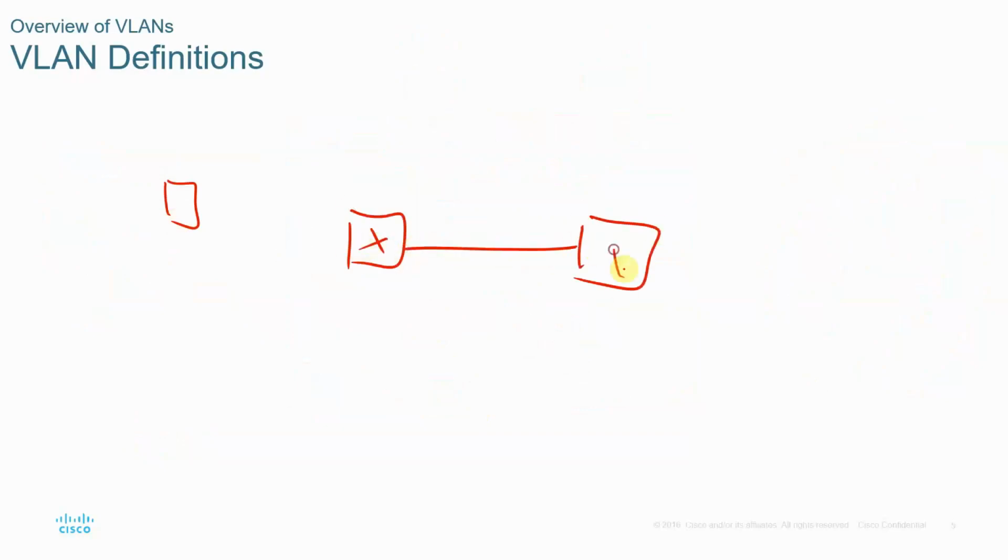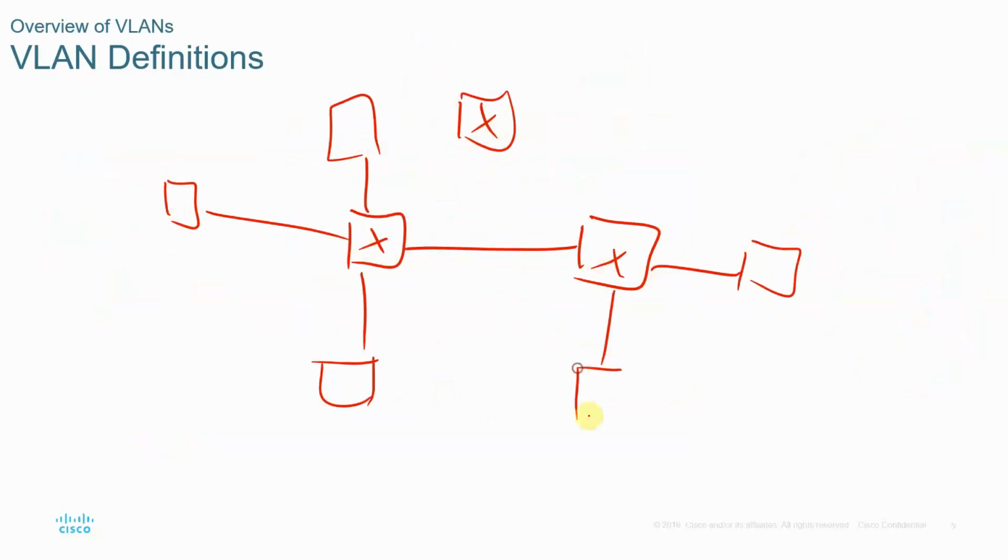So if we say these are our switches, okay, and here we have clients connected to these switches, and the switches are connected to each other. This is our physical topology. Basically, what we want is to say that devices A, B, and C are members of a single network, are members of the same domain.